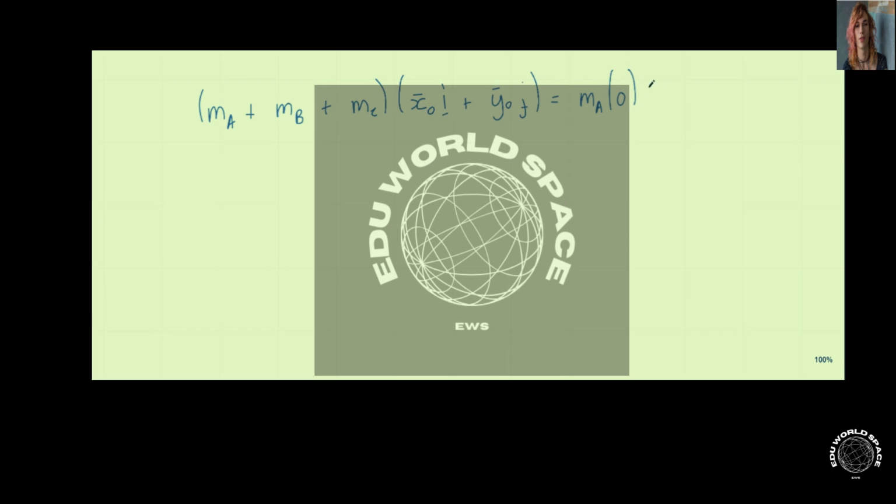So that's ma times the position of car A, which is 0, plus mb times 0, plus mc times the position of car C, which is xc i plus yc j.